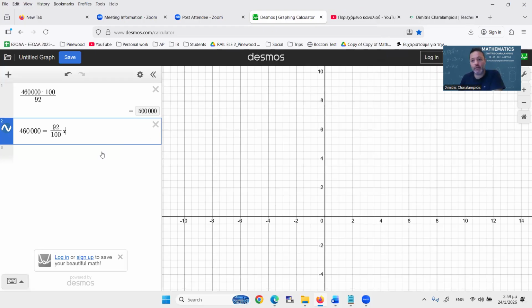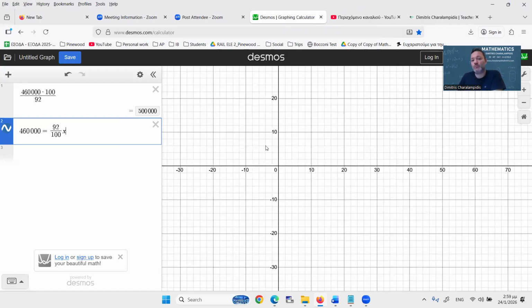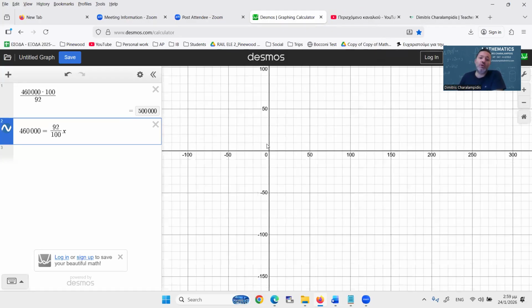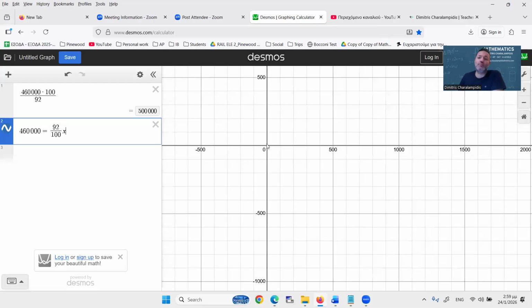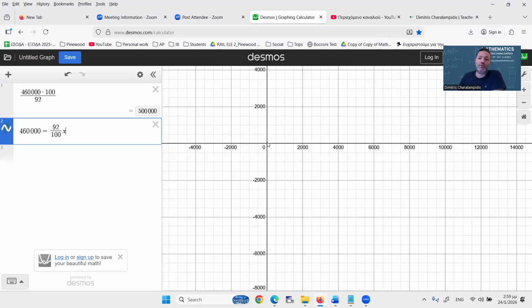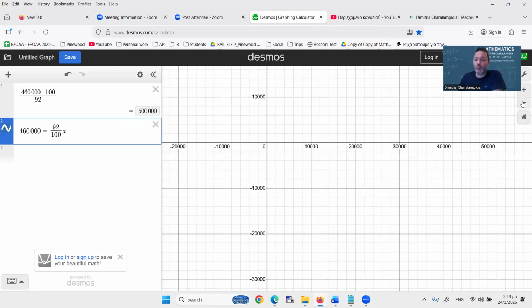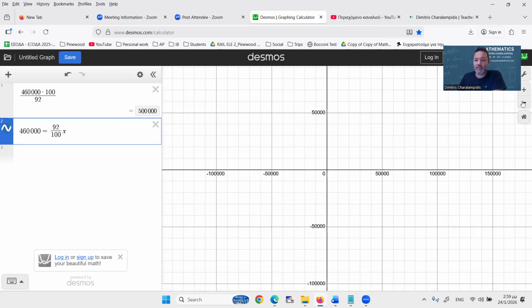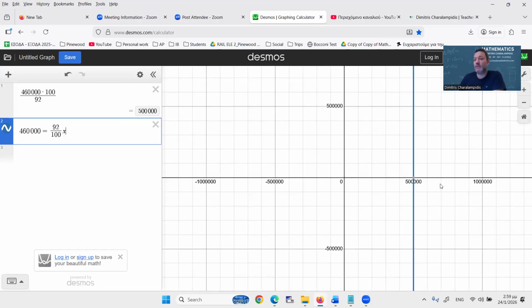Why is that? Here, the solution is an amazingly big number. It's 500,000. In order to be able to see that on Desmos, we should zoom out, and it seems like doing that forever. If we do that enough, at some point, there you are. You can see the solutions.